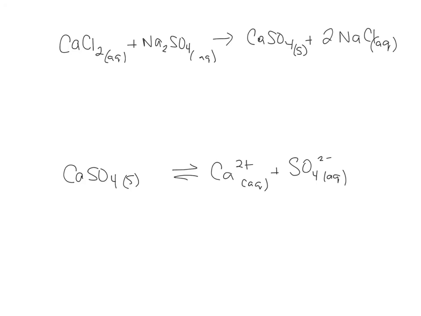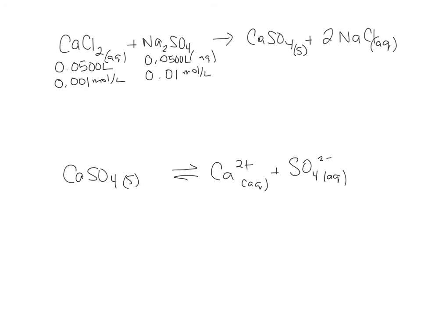So now what we have to do is figure out the concentrations of our species. So we have 50 milliliters of calcium chloride. Convert that to liters, and we've got 0.05 liters. And our concentration is 0.001 mole per liter. We also have 50 milliliters of sodium sulfate, and this concentration is 0.01 mole per liter.